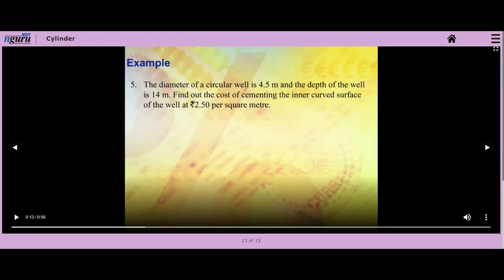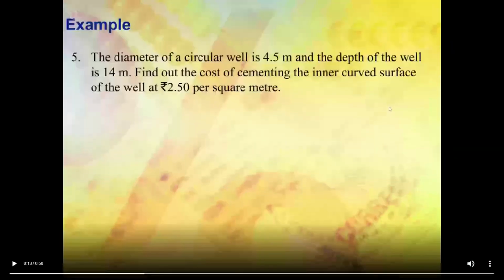That is, height is 14. So here, what should we find? CSA. CSA of cylinder, 2 pi r h, multiplied by 2.50. 495 rupees. Let us check.